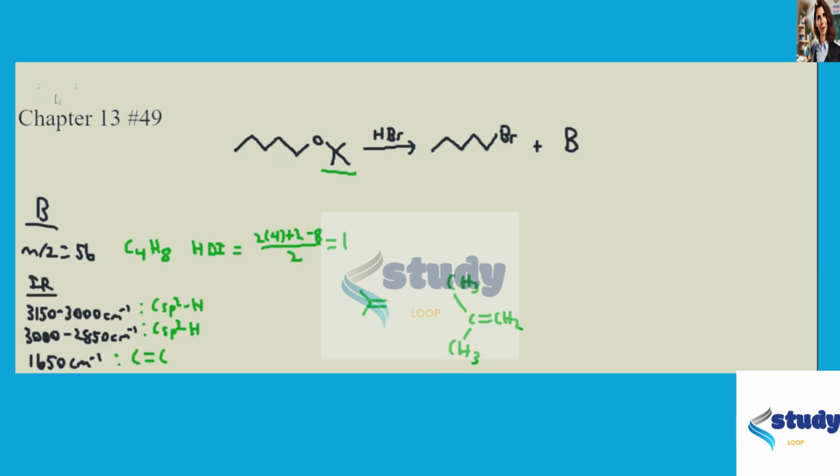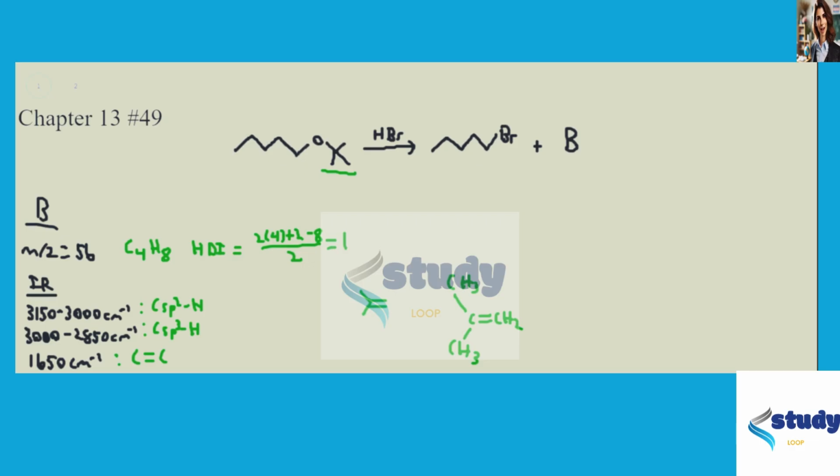That's the stepwise mechanism that we were asked to draw. Looking back at the first page, this is how we got to that same answer using the spectral data. Since these two answers agree, that's a pretty strong indication that they are the correct answer, and indeed they are.